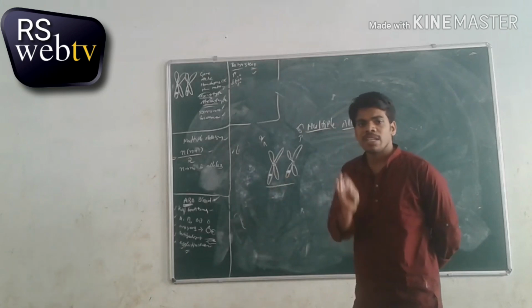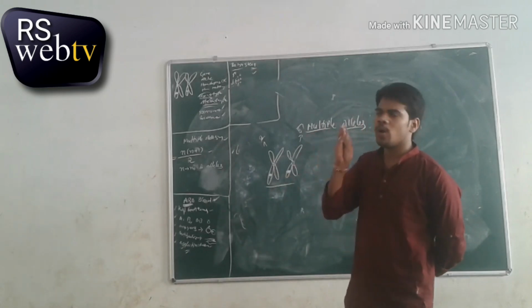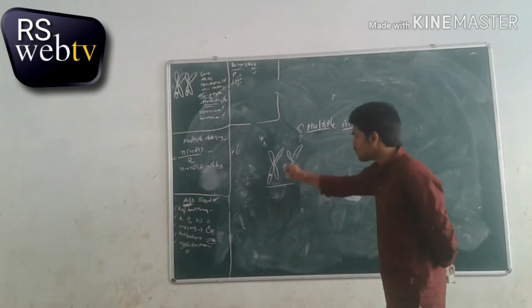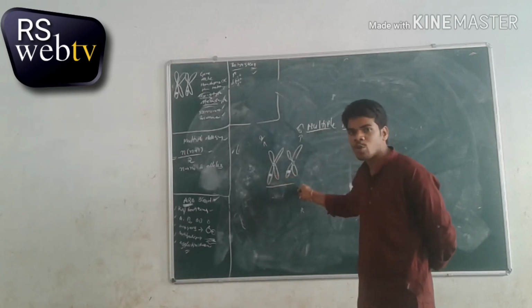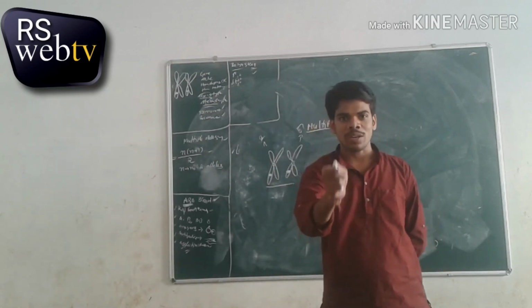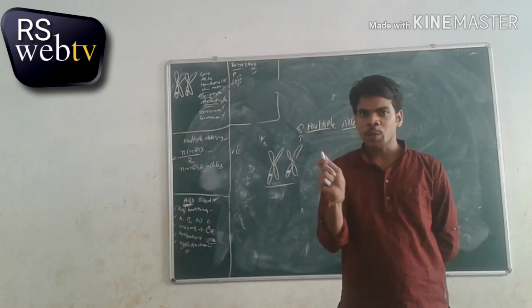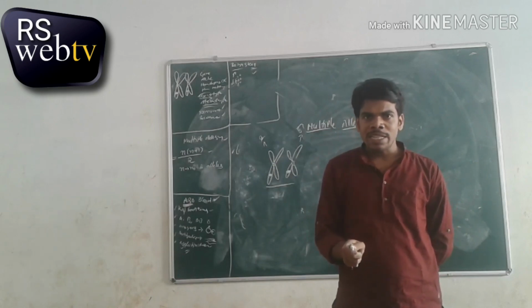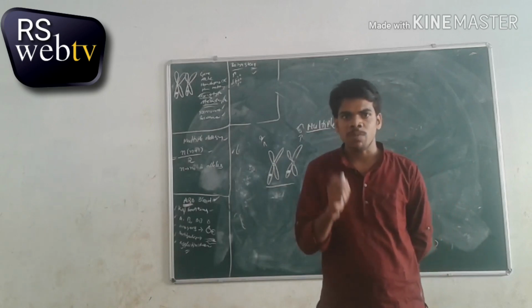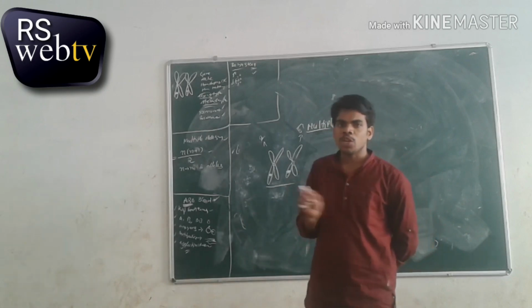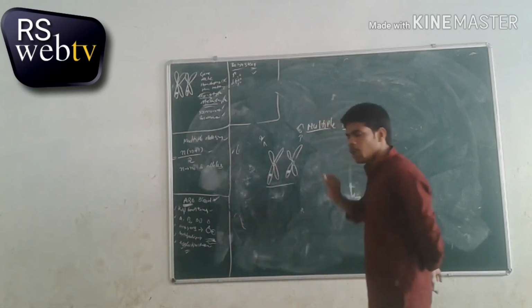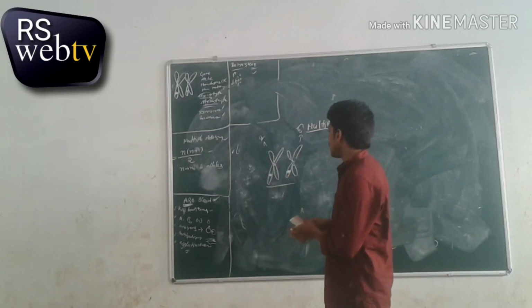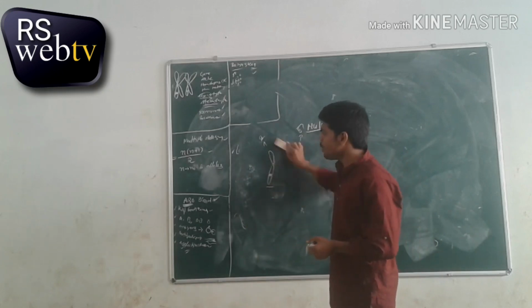Sometimes some genes may have more than two allelic forms called multiple alleles, which are present at the same locus of homologous chromosomes in a population, not in an individual. So the phenomenon of multiple allelism we can observe only in a population, not in a single individual.